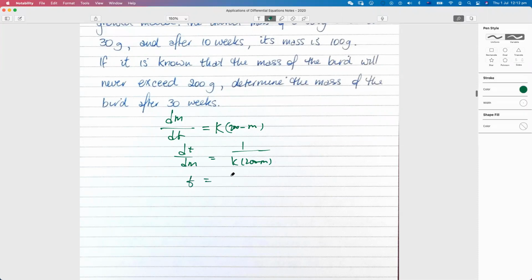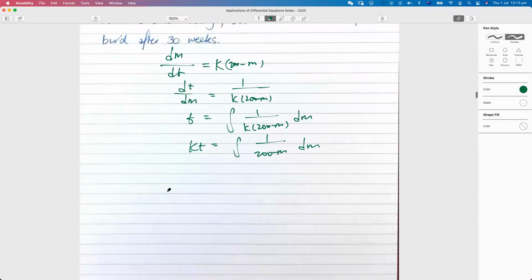So t is equal to the integral of 1 over k(200 minus M) with respect to M. This 1 over k can be moved across, so times k for both sides, kt equals the integral of 1 over (200 minus M) dM. Therefore kt is equal to the natural logarithm ln(200 minus M) plus c.